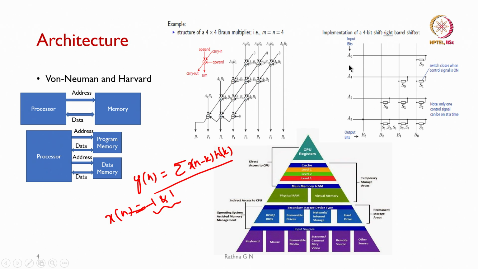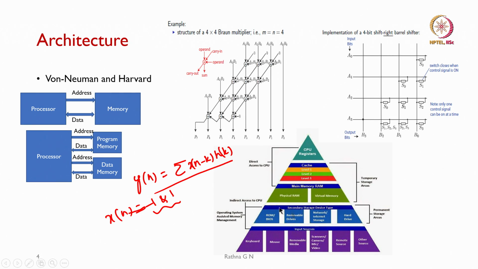So, we can use the hardware barrel shifter, which does the shifting operation in 1 clock cycle. If I want to shift 5 bits, in the normal sequential case it will take 5 clock cycles, whereas using the barrel shifter I can finish it in 1 clock cycle. That is what we saw.